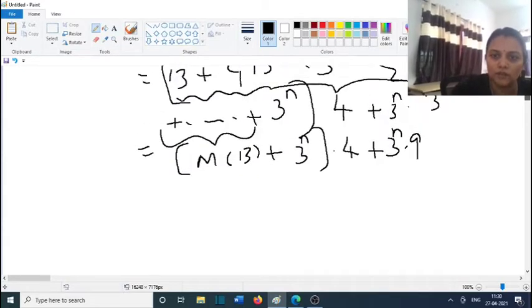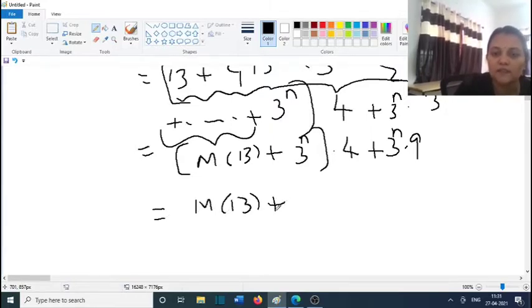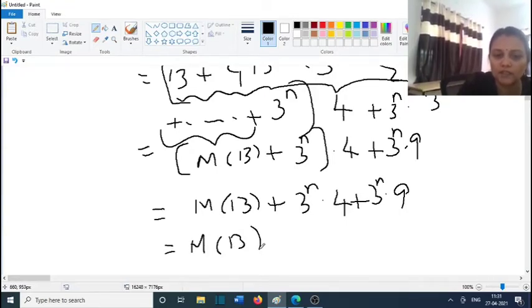Now a multiple of 13 into 4 is again a multiple of 13, plus 3 raised to n into 4 plus 3 raised to n into 9, which is equal to a multiple of 13 plus 3 raised to n into 4 plus 9.